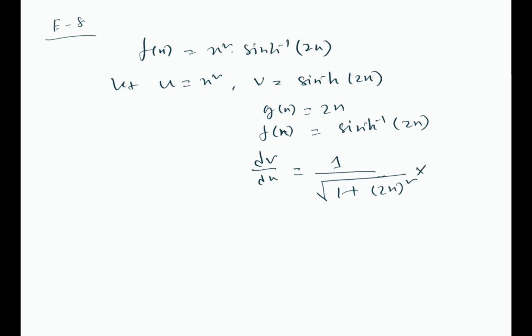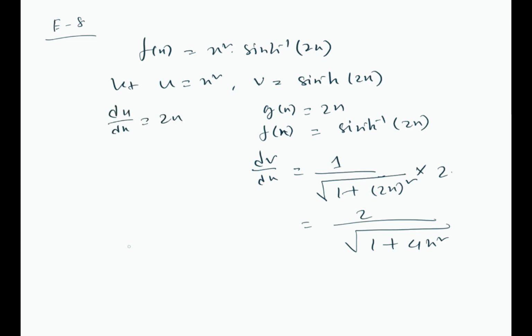Then we need to differentiate the inside function, which is 2x, so the answer will be only 2. So the final answer will be 2 over the square root of 1 plus 4x squared. Okay, so now we have dv, and we need to take du also, so du/dx is equal to 2x, right?